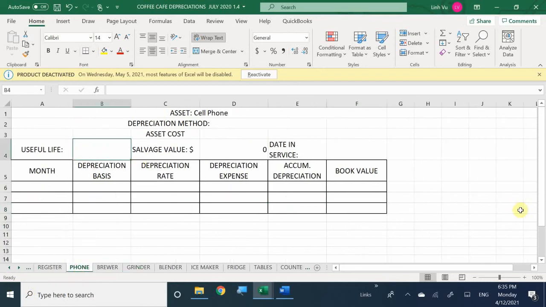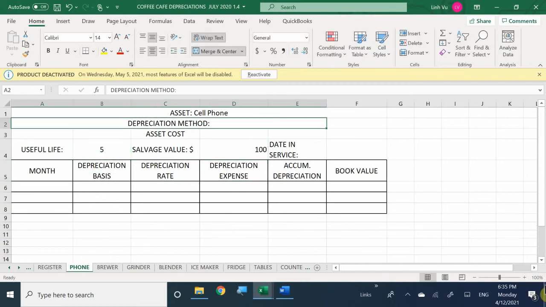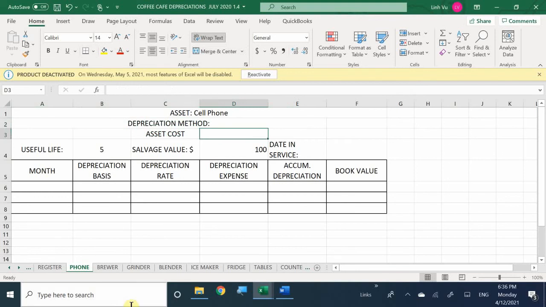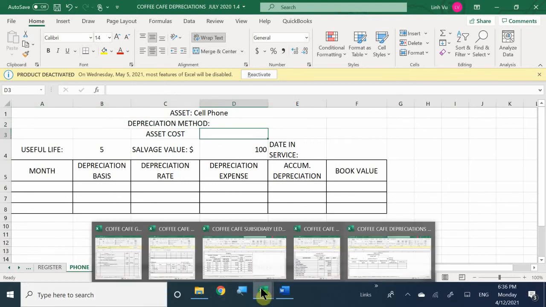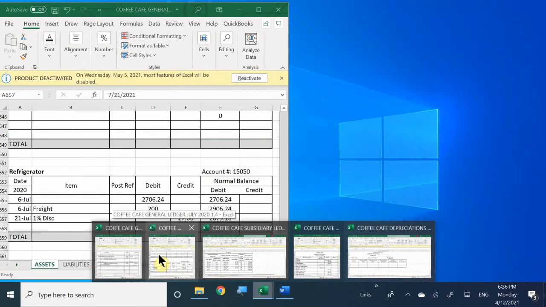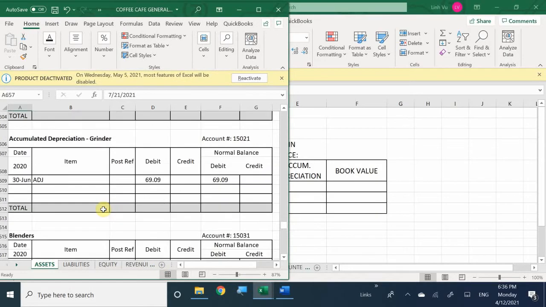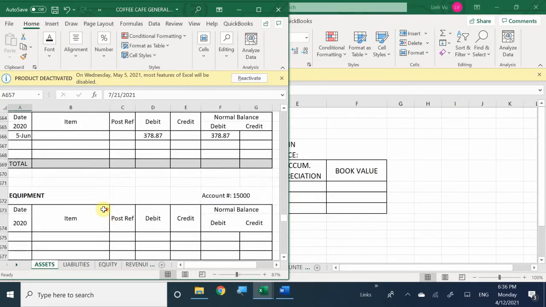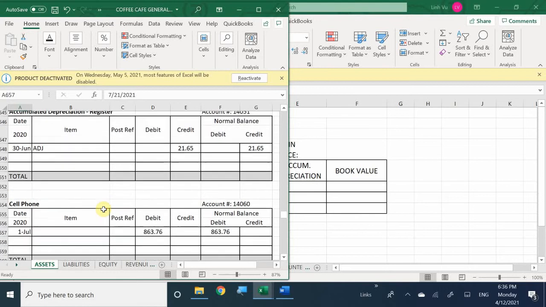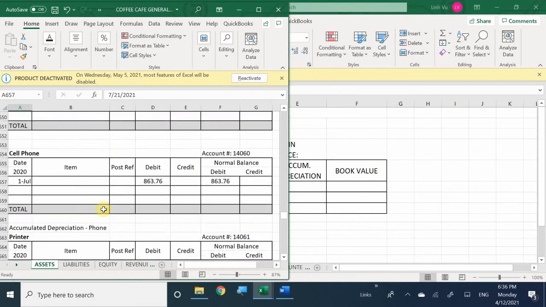We talked about its 5 years useful life and a salvage value of $100. And now let's determine when we purchased it and how much it cost us. So once again, we're going to go to our ledger, and we're going to locate our cell phone, which should be considered office equipment. All right, cell phone.